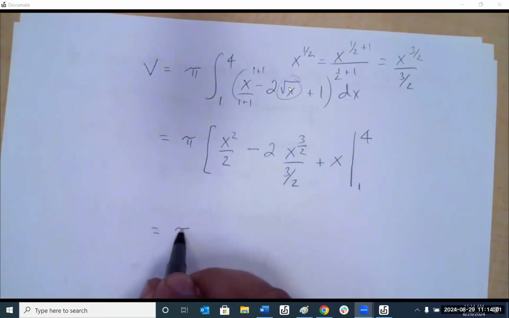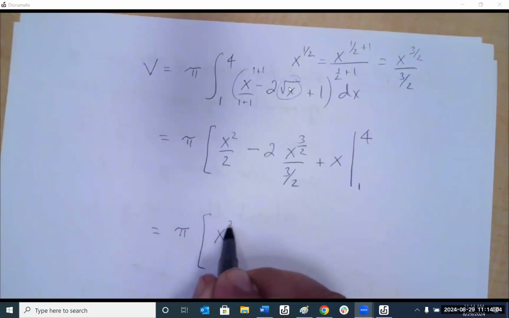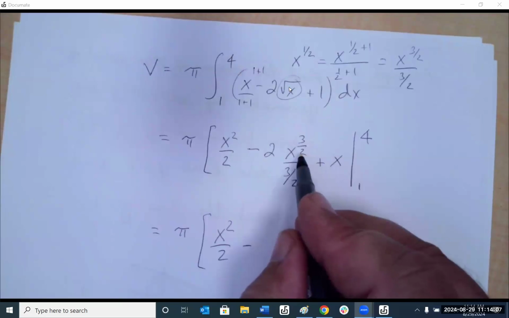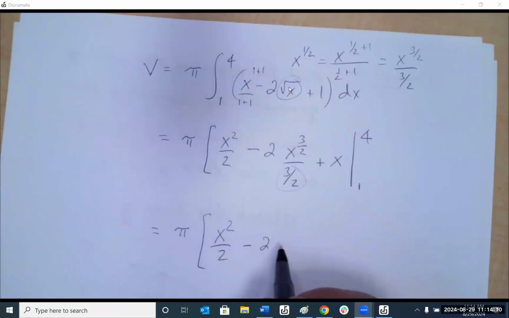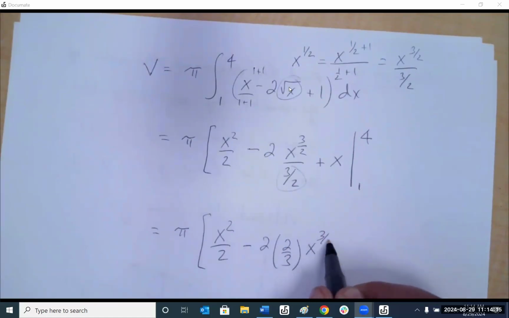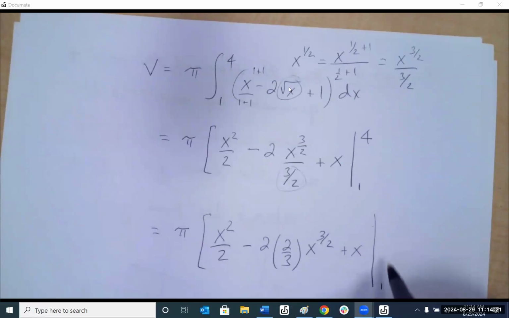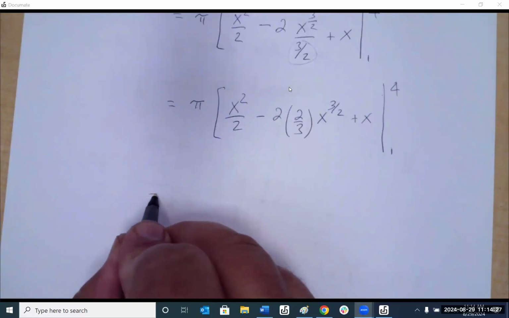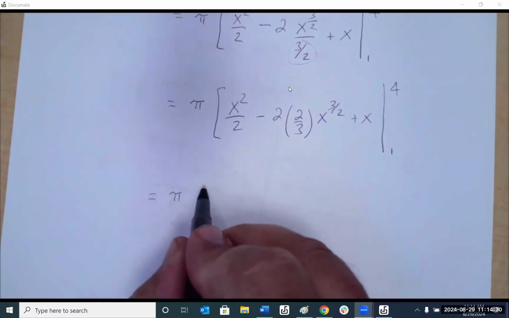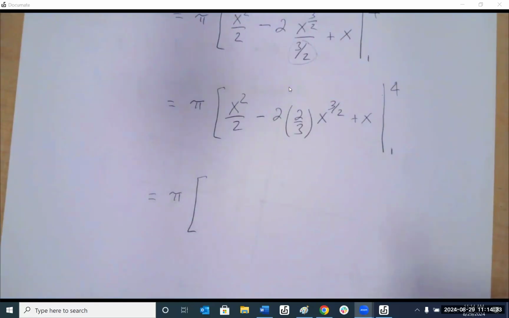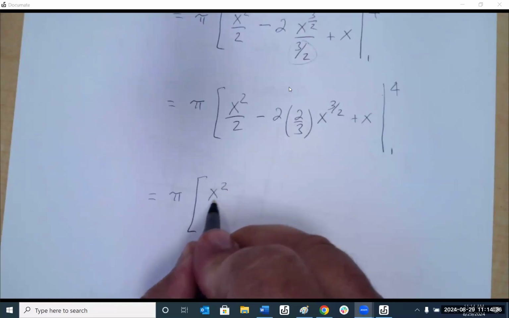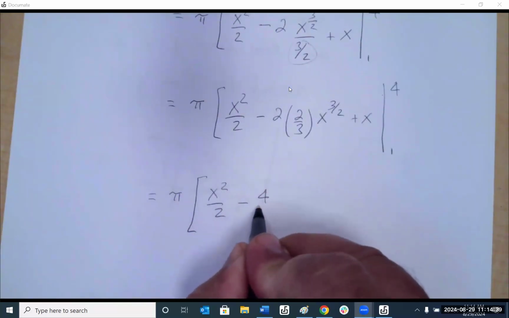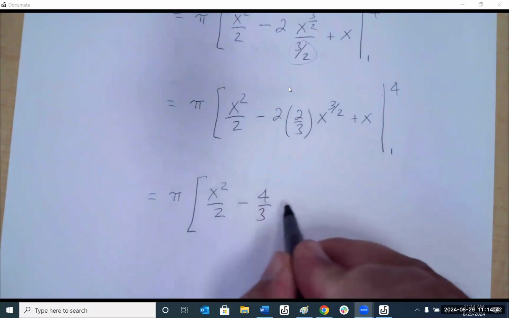Simplify the middle part. X squared over 2. Flip this one. So it's going to be 2 over 3. 2 times 2 is 4 over 3.